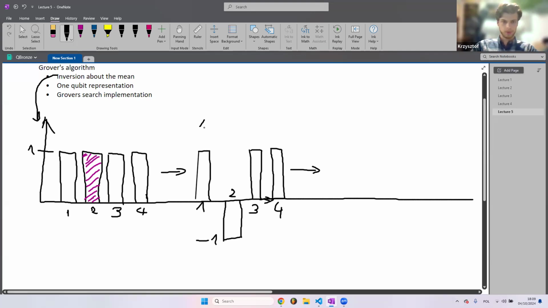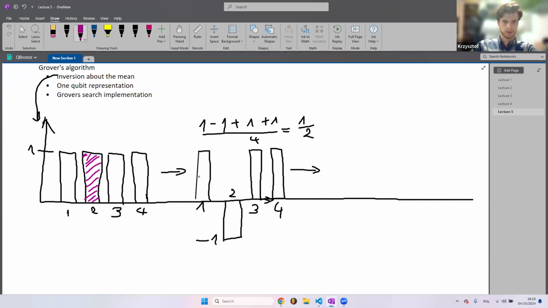So we have 1 minus 1 plus 1 plus 1 divided by 4, because we have 4 elements. And this is actually a half. So the mean will be somewhere here.